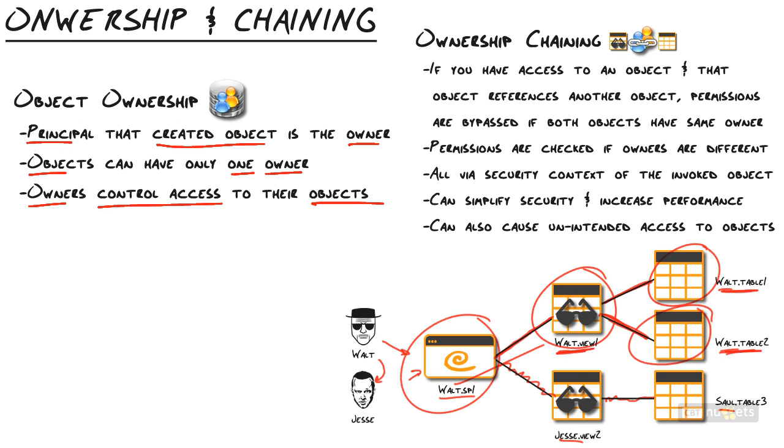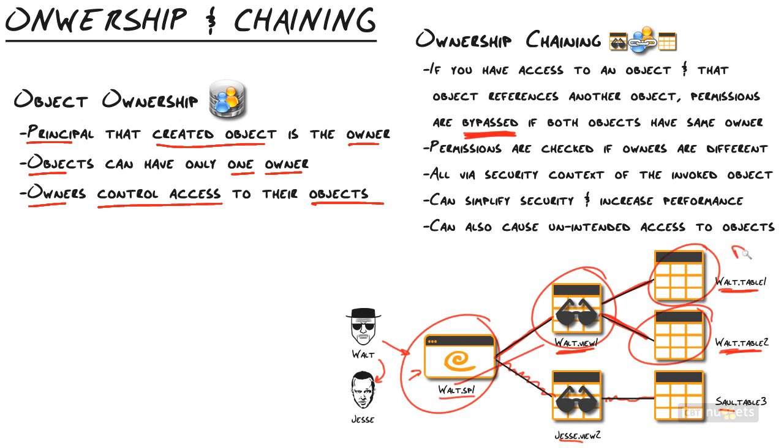So while that is totally awesome, because it saves a lot of down and dirty permission management for Walt, he doesn't have to go and explicitly give Jesse permission to all those tables. The downside, the double-edged sword part of this, is that because of the word right here, bypassed, bypass means bypass.